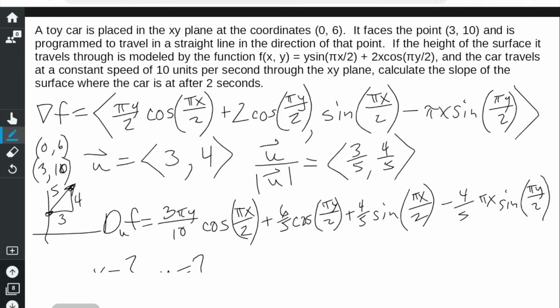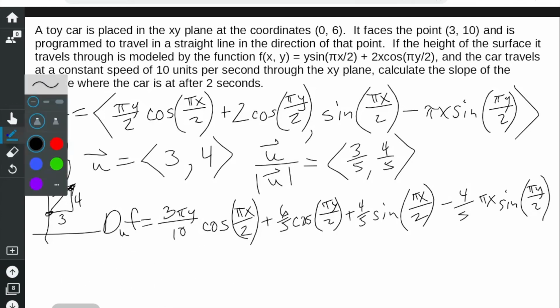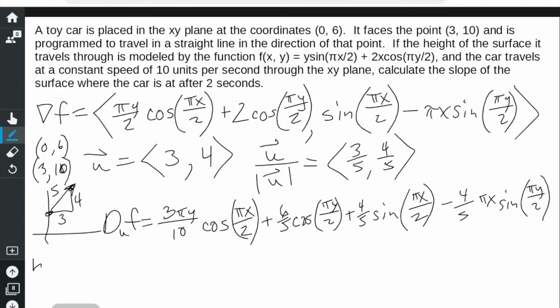So if we back up to our directional derivative, it looks like now we can go ahead and plug in our 12, 22.